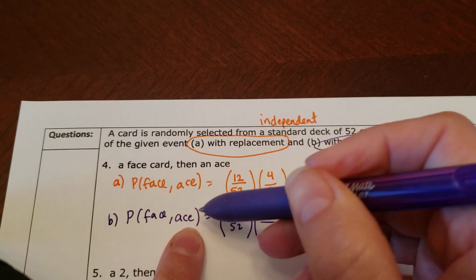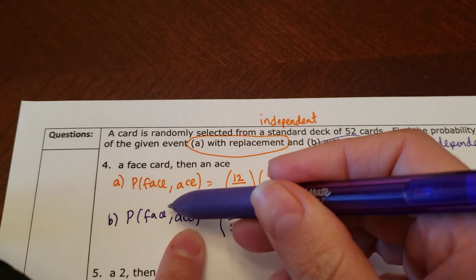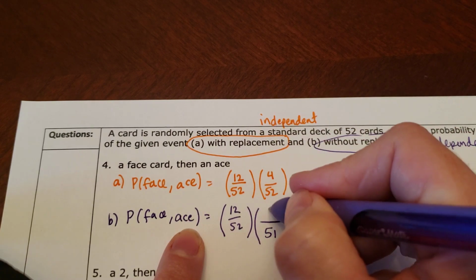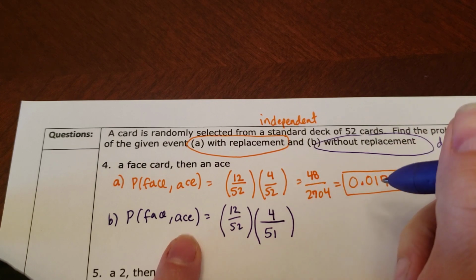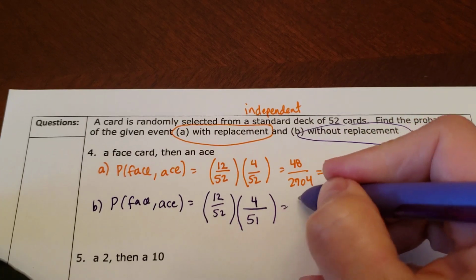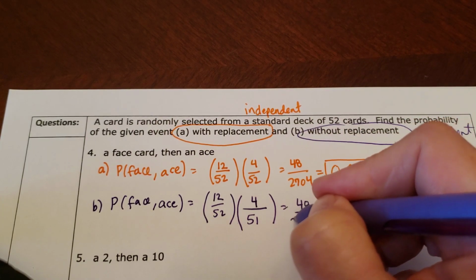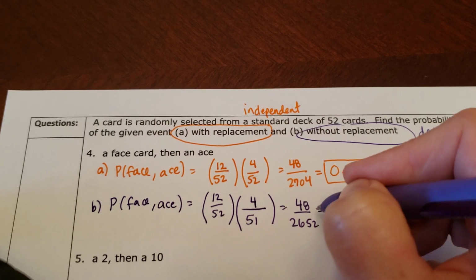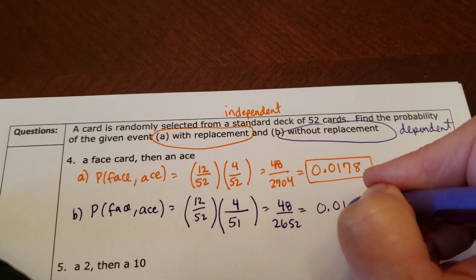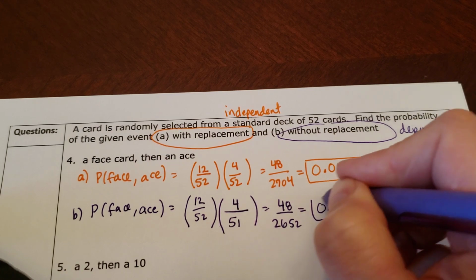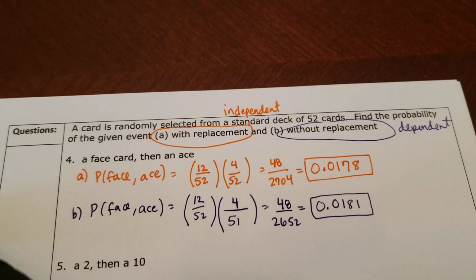And then the ace, just double check that the ace could not be a face card, and it can't. So there's still the 4 aces. Basically the only number that changed was in the denominator. So when you work this out, 48 over 2652, which is 0.0181. So you can see how little it affects the problem.